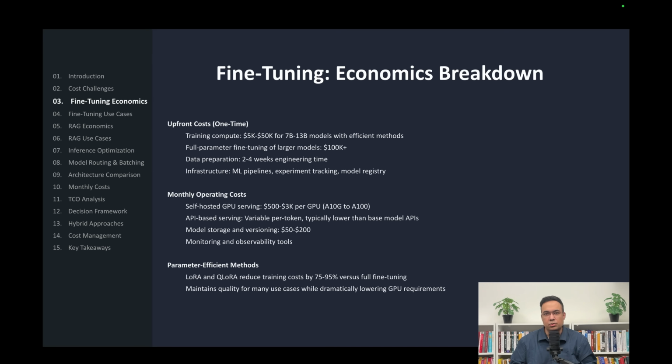You also have model storage and versioning at around $50 to $200 per month. This scales with how many model versions you keep and how frequently you retrain. And you also have monitoring and observability tools to keep track of quality drift, performance metrics, and when you need to actually start retraining. The key insight here is that fine-tuning is a high upfront investment with relatively low ongoing per-query costs. The cost structure means that it only makes economic sense under certain conditions, which we'll explore next.